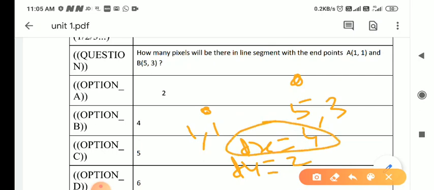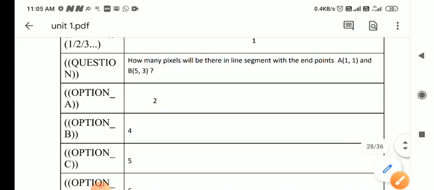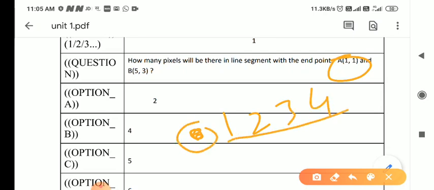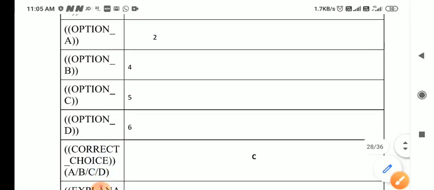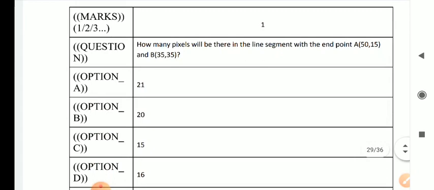When we are drawing, the first point, that is 1, 1, will be drawn first, then 4 steps: 1, 2, 3, 4. So these 4 pixels plus the starting pixel, total 5 pixels we are going to draw. So the answer is 5. The answer is C, because the first pixel will be drawn first and then the remaining pixels.